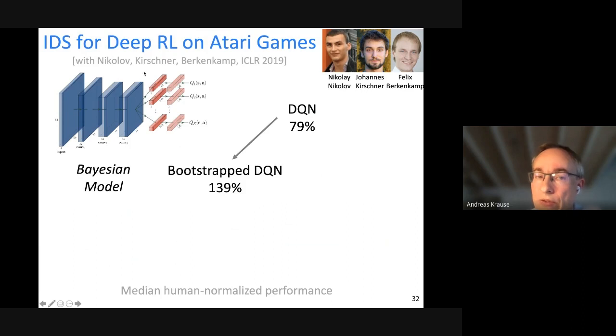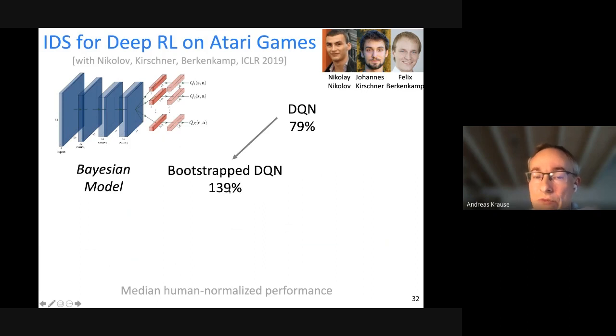So this is basically using now a bootstrapped deep Q network. So it basically just uses a convolutional architecture, but multiple value heads that capture the epistemic uncertainty in the Q function estimates.